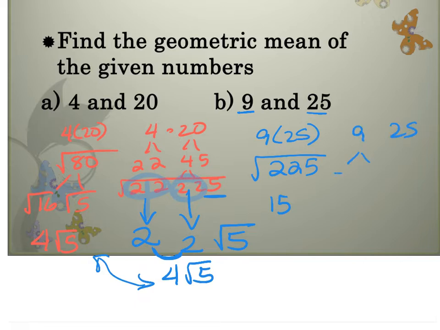Do the tree here. 3 times 3, 5 times 5. I got a pair of 5s. And a pair of 3s. 1 3 comes out, 1 5 comes out, multiply it, I got the same answer as if I square rooted 225. It would be just 15, right? Yes, no radical. So when you pull it out and it's a perfect square, the radical's gone.